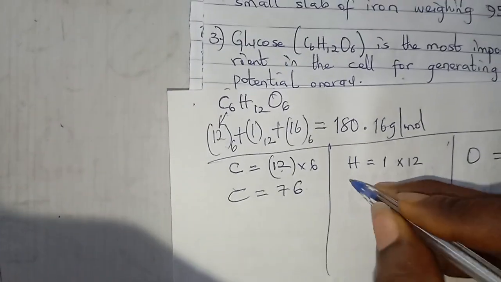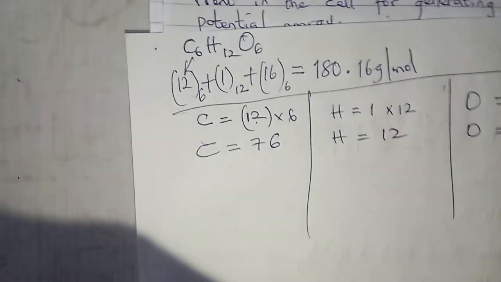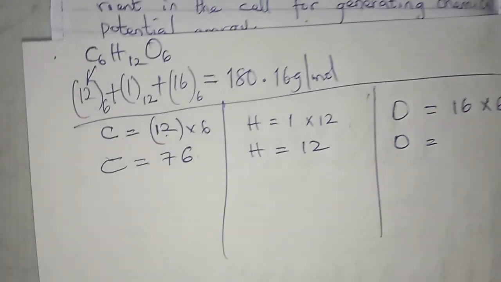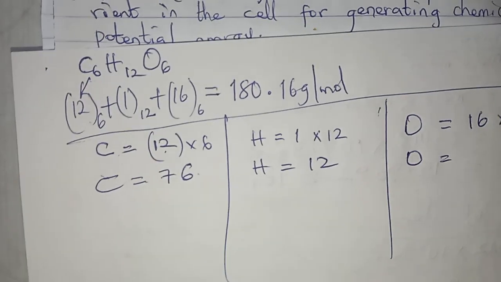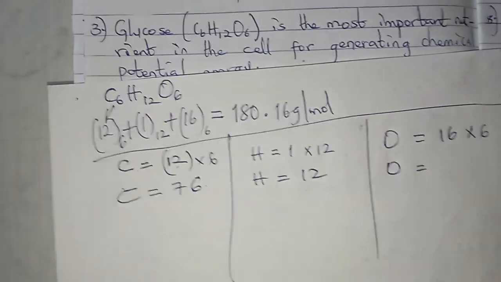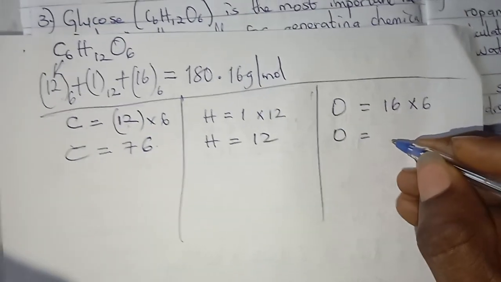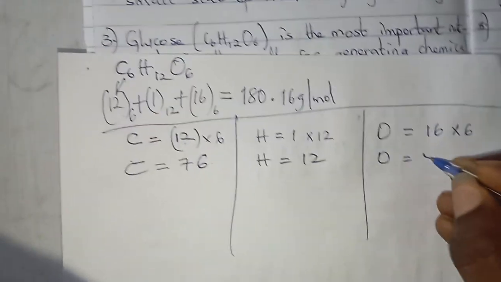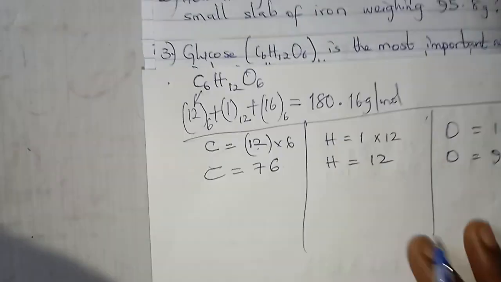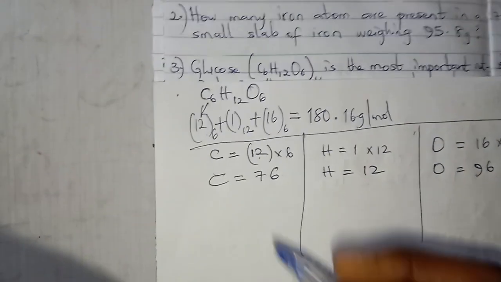For hydrogen it should be 12, while for oxygen, 16 times 6 should give me 96.